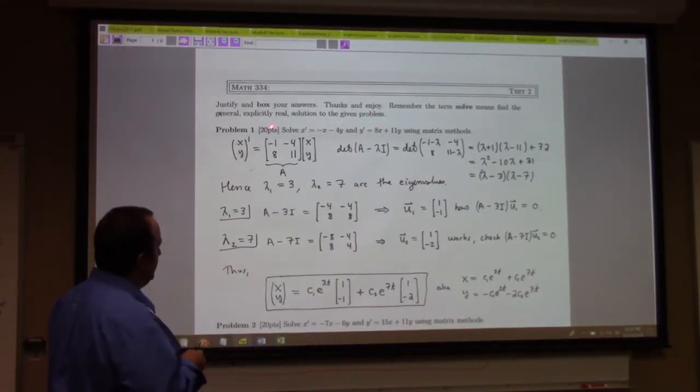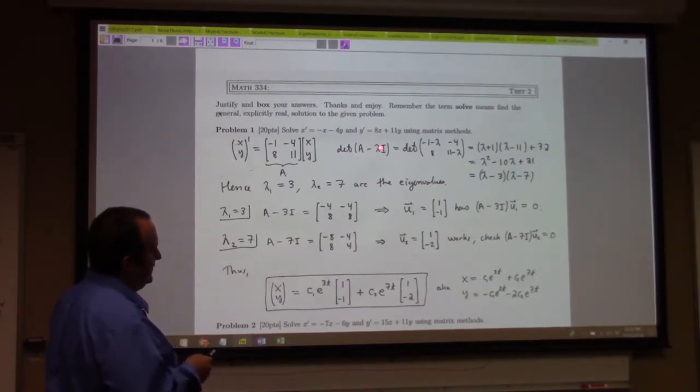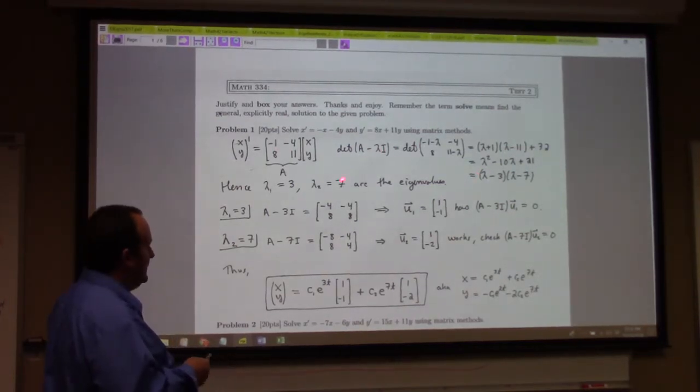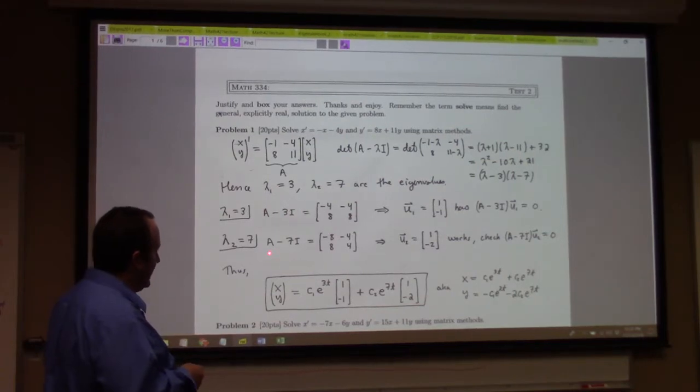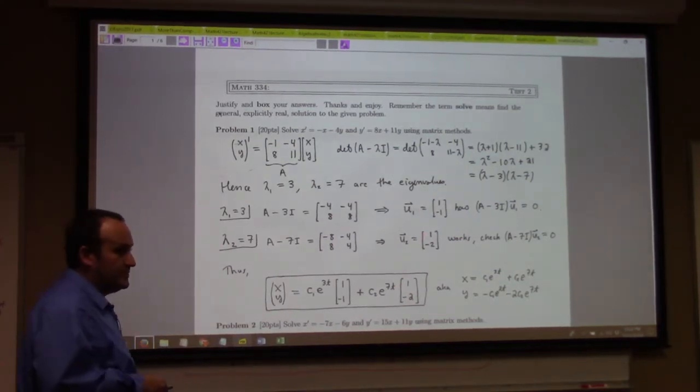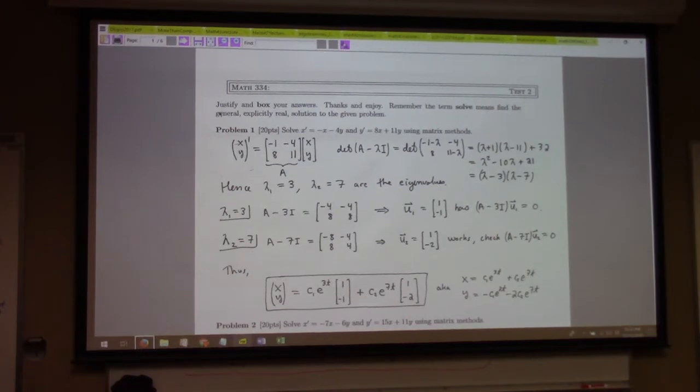So convert it to a matrix problem, find the characteristic equation, eigenvalues 3 and 7, look at A minus 3I and A minus 7I, and then I just eyeball it and go, wait a minute, that's perpendicular to both of the rows, that one's perpendicular to both of these rows, so them's my eigenvectors, and then bam, solve. So that's the eigen solution.